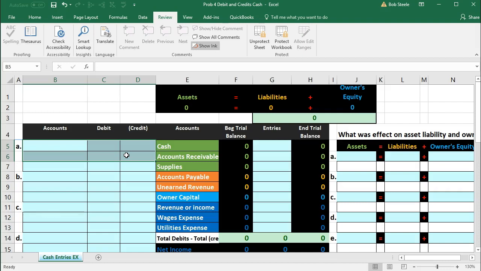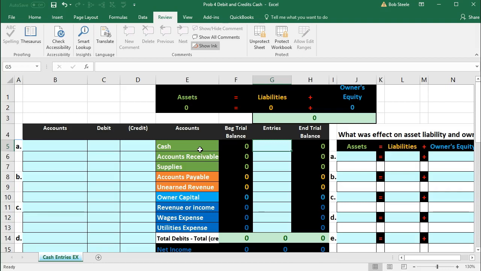And then we are going to post the journal entry to this worksheet. Now, this is not the general ledger. We will be recording the general ledger at a later problem. This problem is a worksheet designed to give us a quick idea of the activity that will happen and the effect on the accounts and the accounting equation through this quick worksheet.